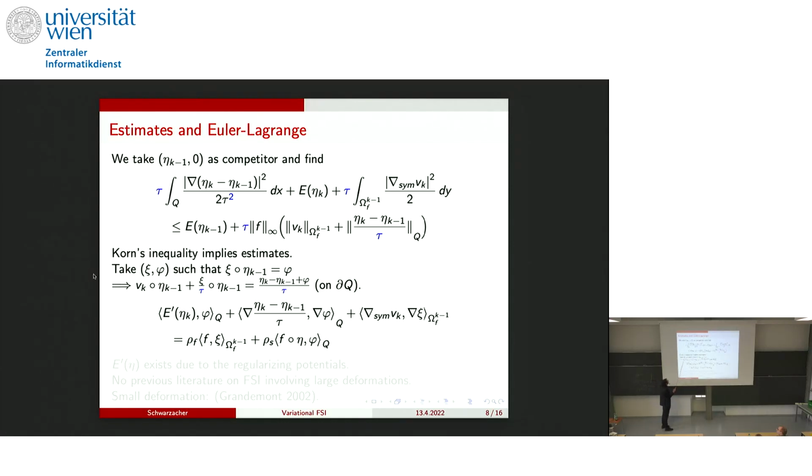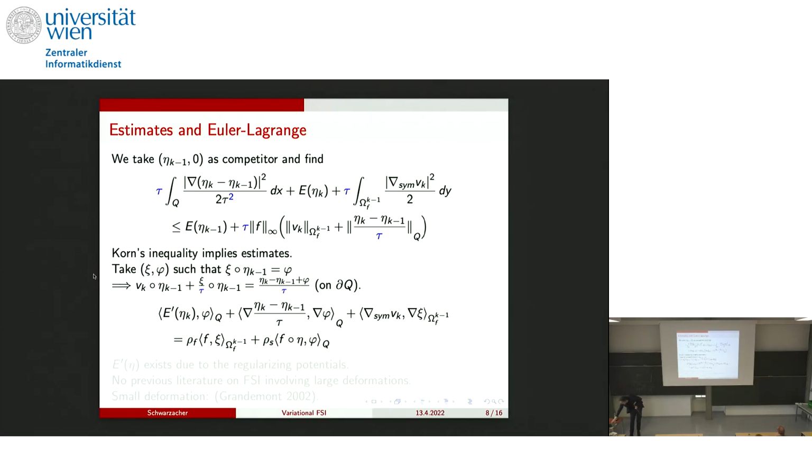So you take your velocity and you add this perturbation here on the same domain, and this means you also add the perturbation on the solid part. And if you take this competitor and calculate the Euler-Lagrange equation, you get the approximation of the weak formulation which we wanted to prove the existence for.